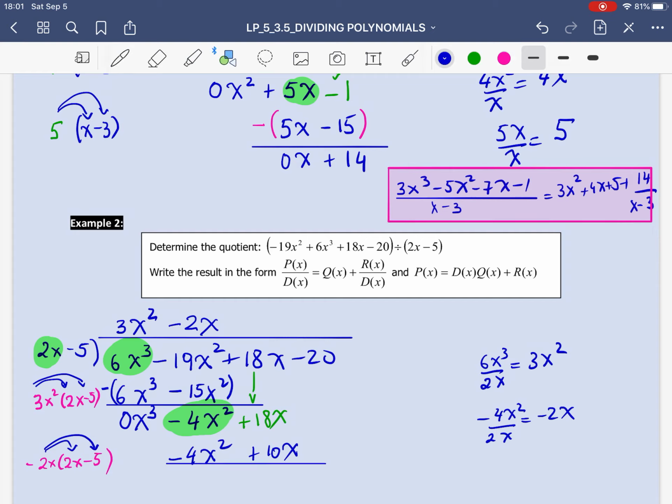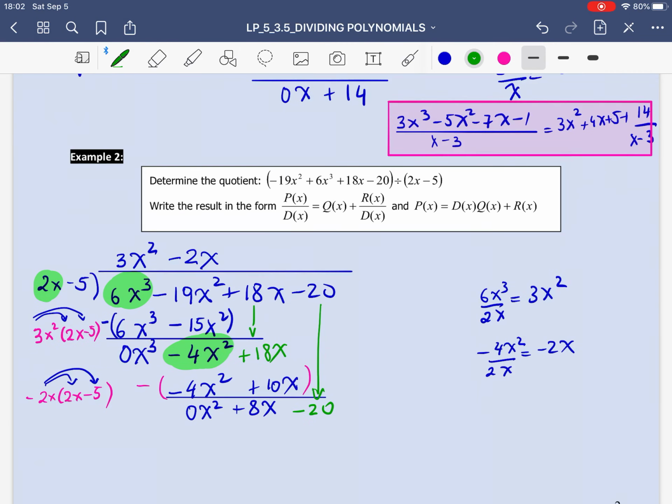Draw the line and subtract. And we get 0x squared. 18x minus 10x is positive 8x. Time to bring down our last term here, which is minus 20. And again, we have to check and see how many times 2x goes into 8x.